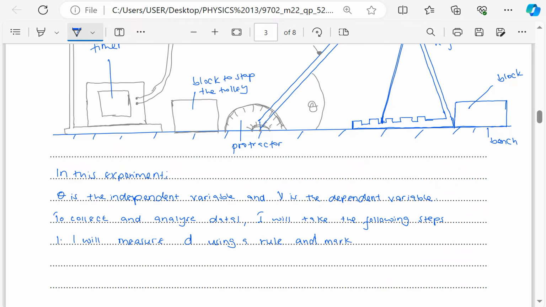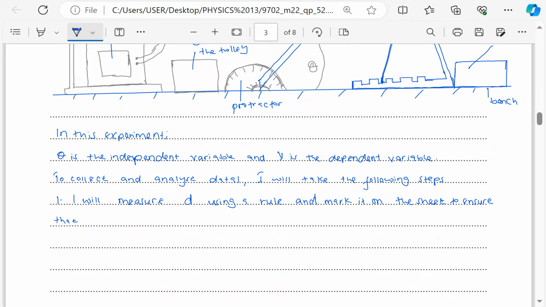So I'll measure D using a rule and mark it on the sheet to ensure that D remains constant throughout.